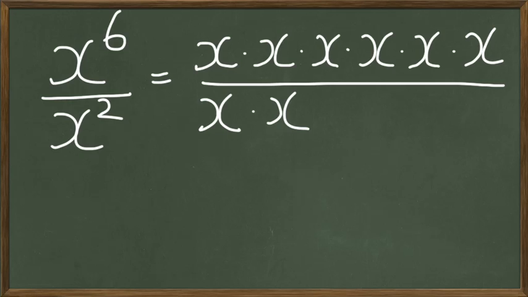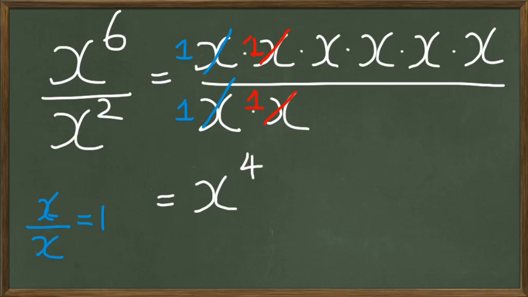Now, if you remember from the previous example, x divided by x is actually equal to 1. So what that means is this and this cancel out to become 1, and this and this cancel out to become 1, which means you're left with 4 x's in the numerator, which is x to the power of 4.